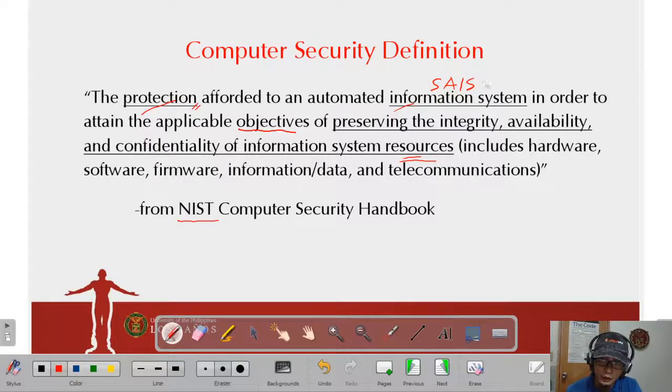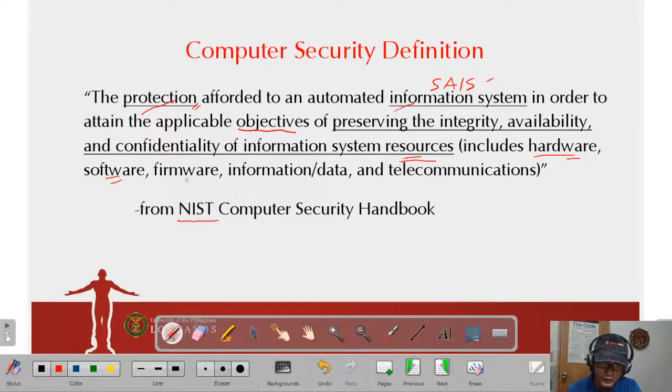What are the resources used by SAIS? It includes hardware. SAIS, of course, is running on a server. It can be a virtual machine or a physical machine, so it requires hardware. It also uses software.